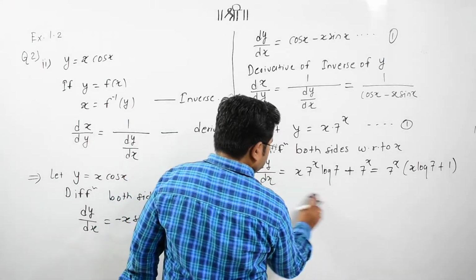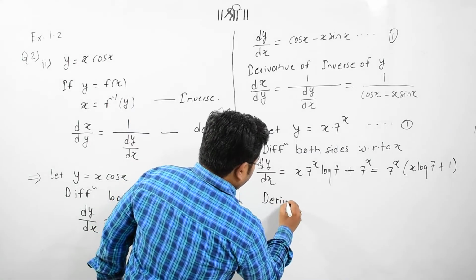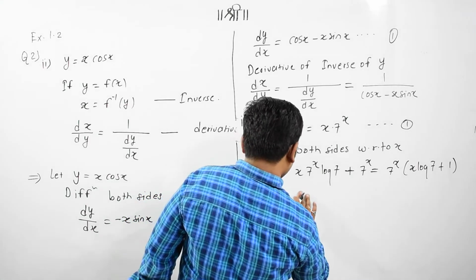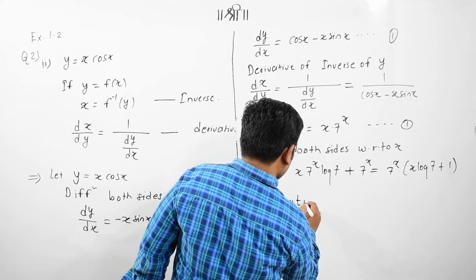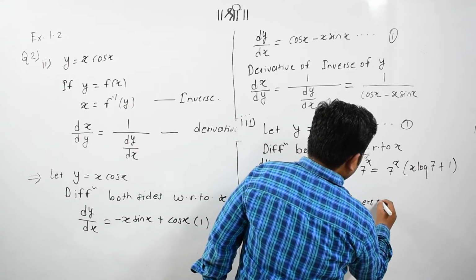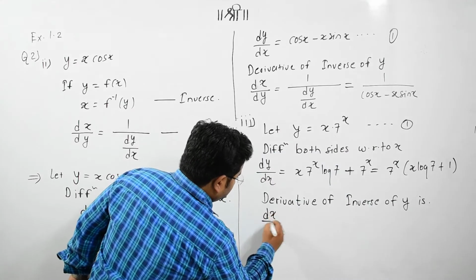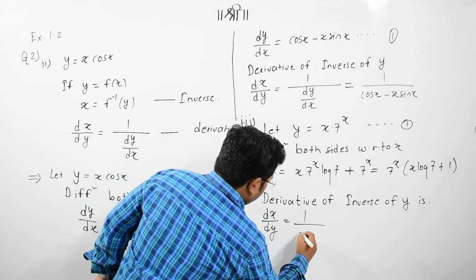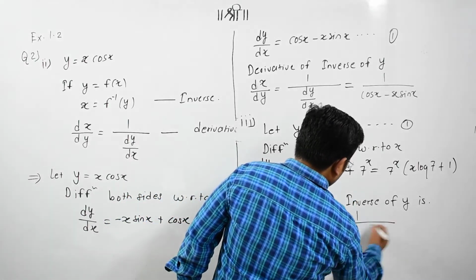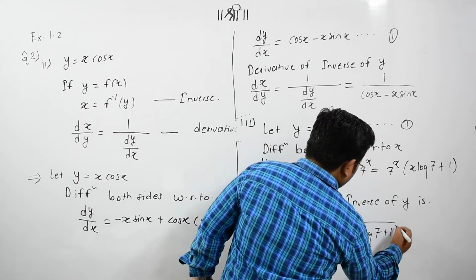Now we can say directly that the derivative of the inverse of y is dx upon dy, which is equal to 1 upon dy upon dx, which is again 1 upon 7 raised to x into x log of 7 plus 1.